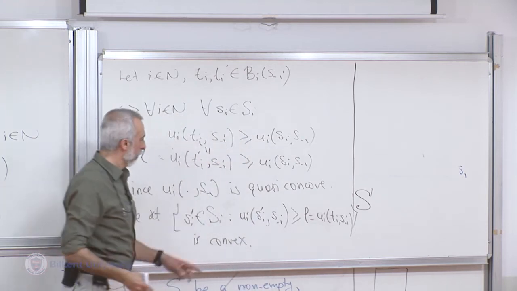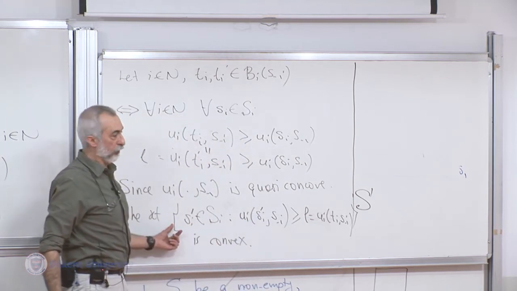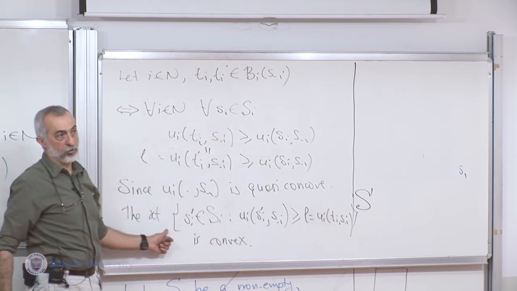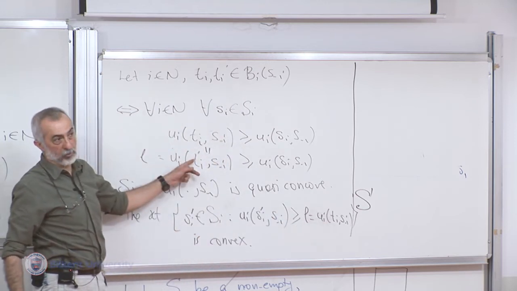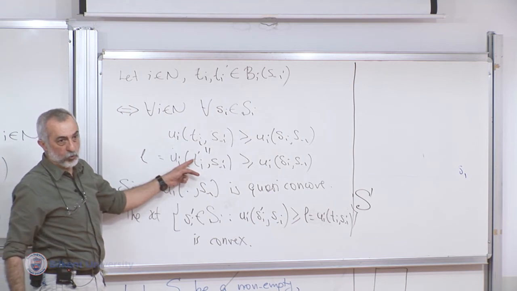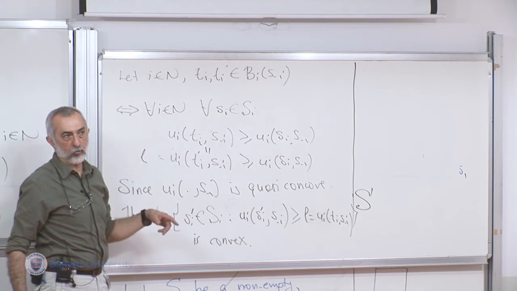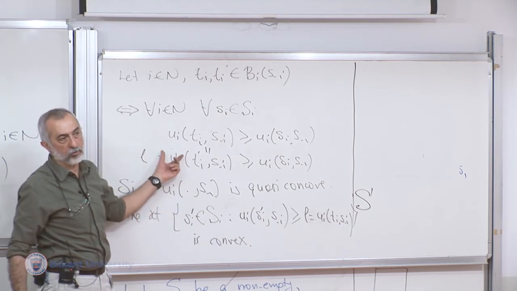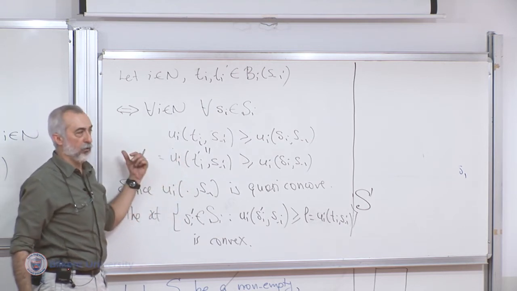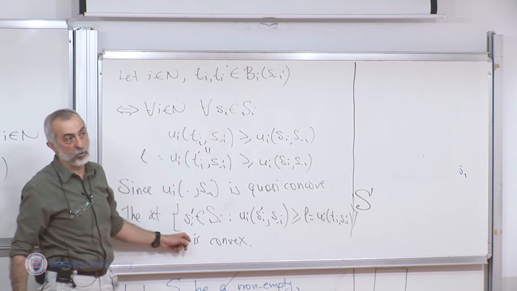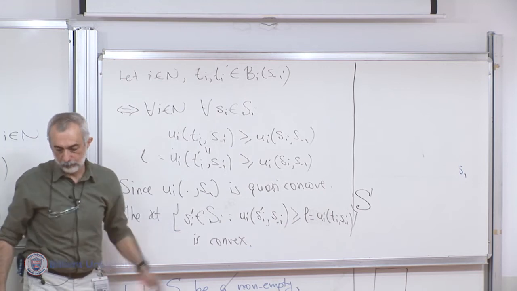Okay? So this set is convex. And what else do we know? Well, Ti is an element of this set, and Ti prime is an element of this set, which means that for any alpha between 0 and 1, alpha Ti plus 1 minus alpha times Ti prime is also an element of this set.